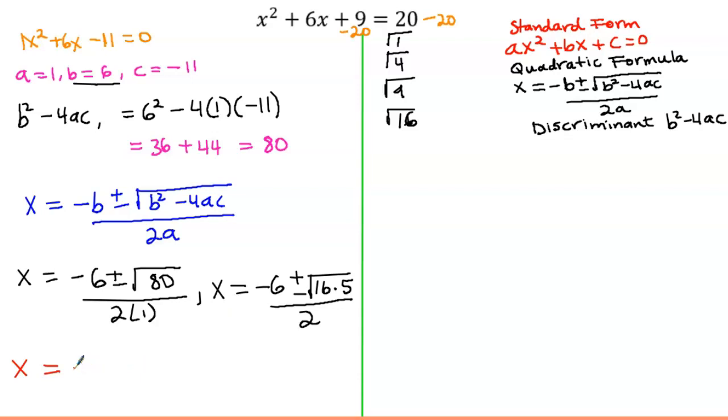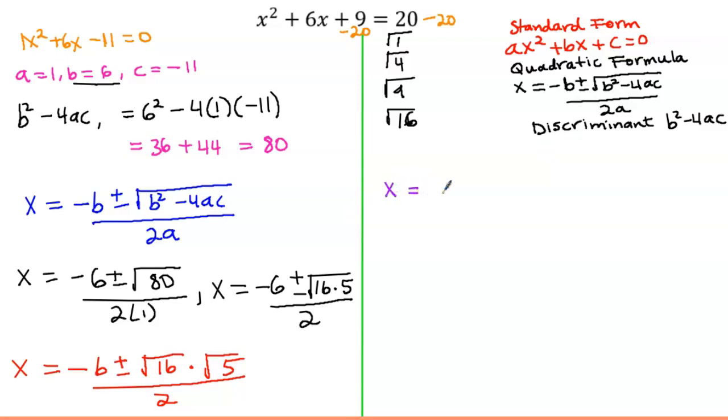Okay, so here negative 6 plus or minus, we can split it, so the square root of 16 times the square root of 5, all divided by 2.